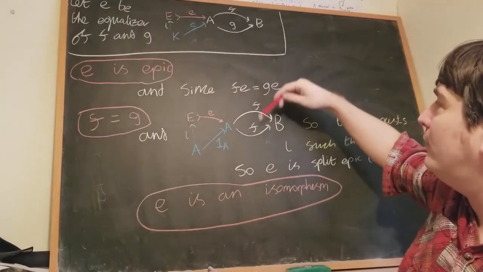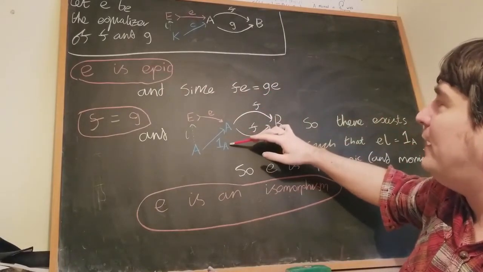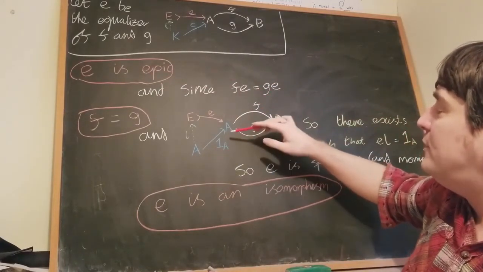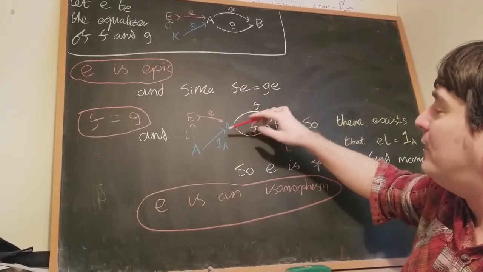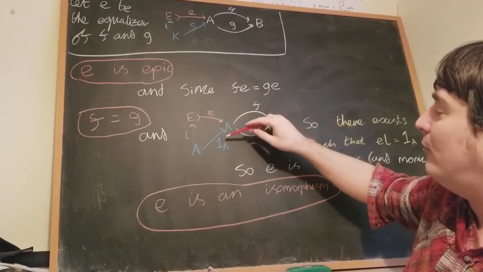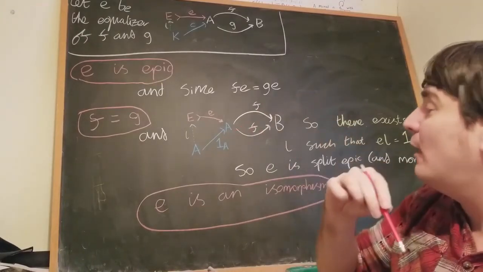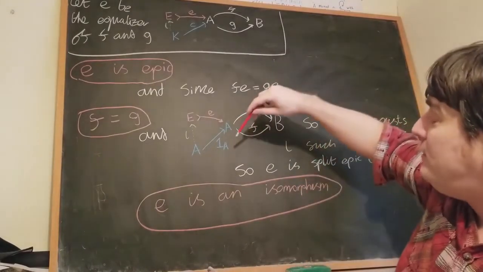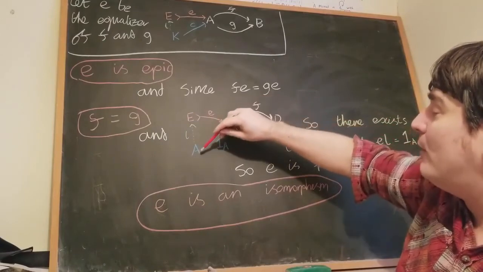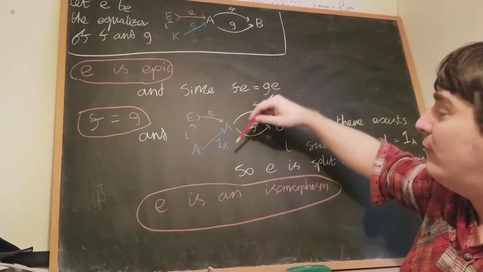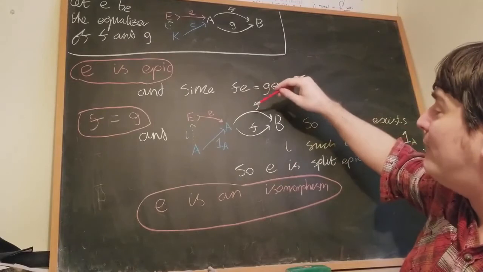Can we think of a candidate C such that doing this arrow after it gives the same result as doing this after it? Well, yes.